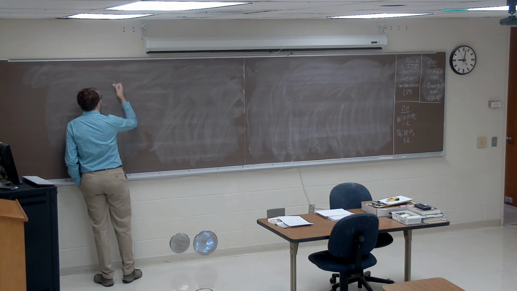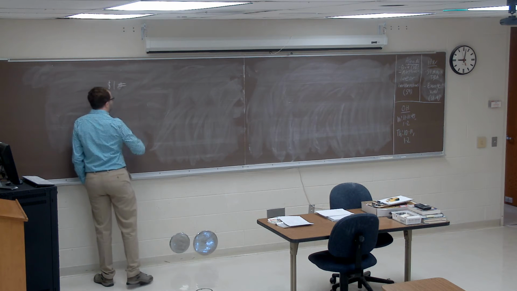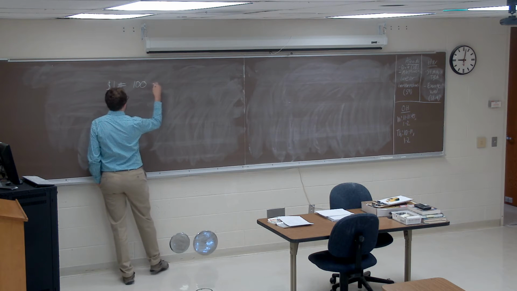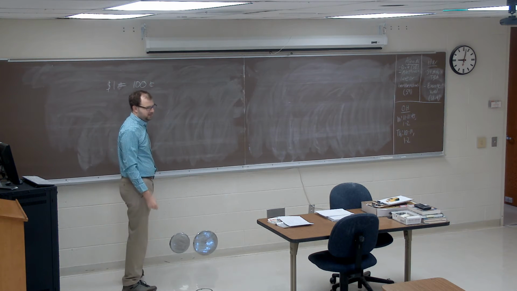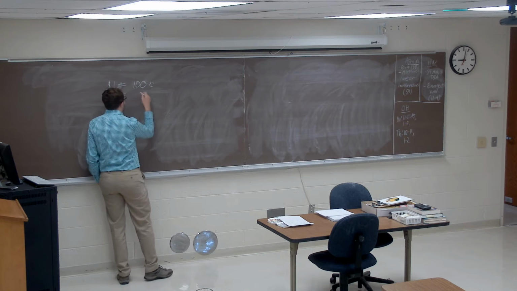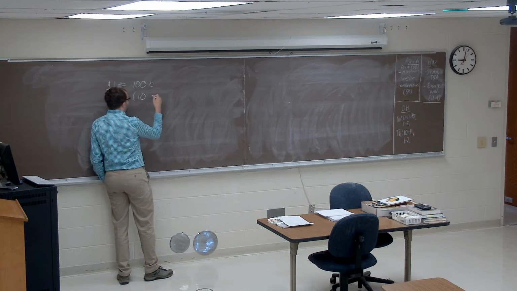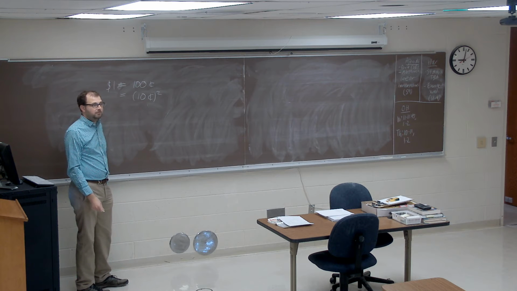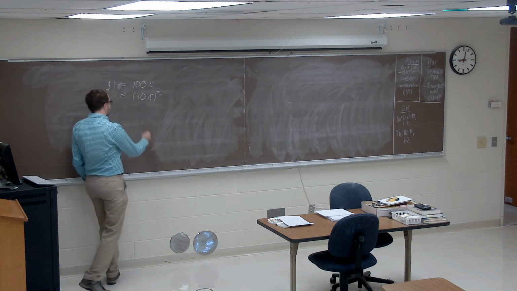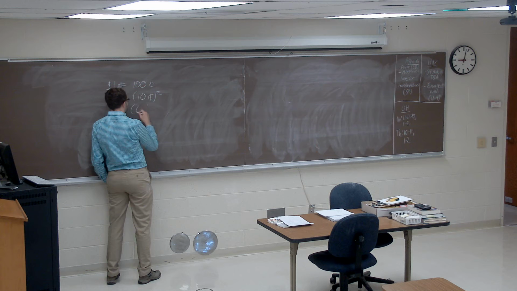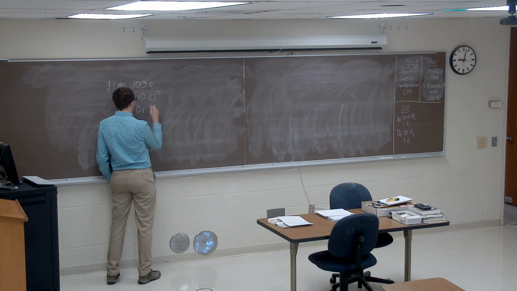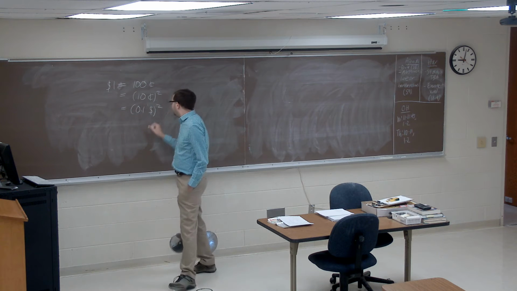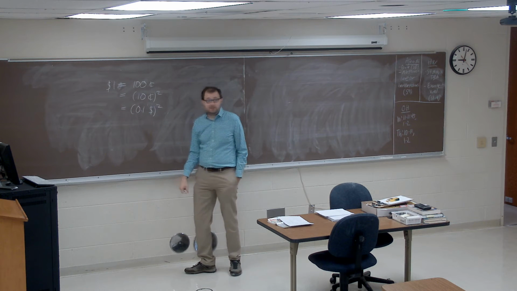We're going to take $1. What's $1 equal to? Well, $1 is the same as 100 cents. And we all know that 100 is equal to 10 squared. What is 10 cents compared to $1? Well, 10 cents is the same as a tenth of $1. What do you get when you take 0.1 and square it?